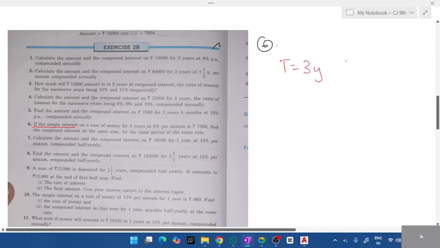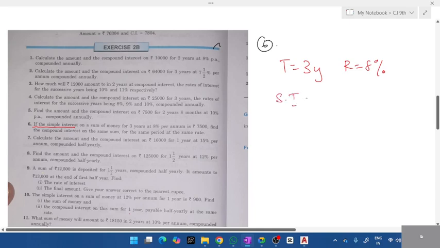Next, 8%. What is the 7,500? Read again and tell me what is 7,500. Read the first line. Is it interest or principal? 7,500, yeah, it is clearly given, right? If the simple interest is 7,500.